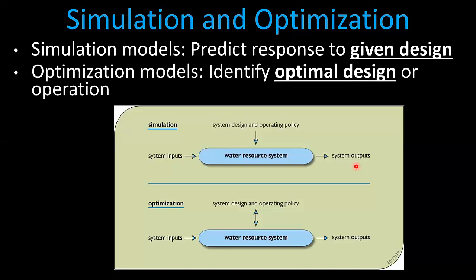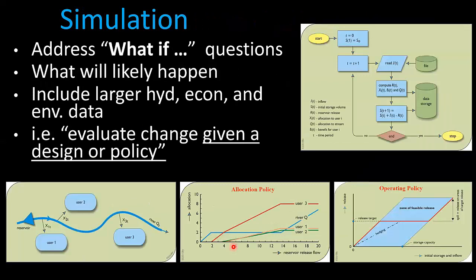Now, optimization models look for an optimal design. They look for what are the opportunities that the system has so it can be operated at an optimal level. And that's basically what an optimization model does. Again, just a friendly reminder, in the previous class we talked about simulation and that they respond to the what if questions. What would likely happen if I change this or that?